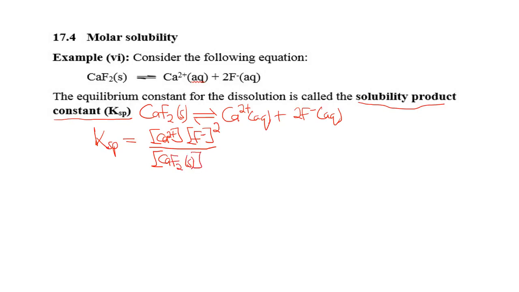But remember, in this case, our reactant, which is calcium fluoride, is a solid. So solids are not involved in equilibrium expressions. That means KSP will be given by the concentration of the products only.